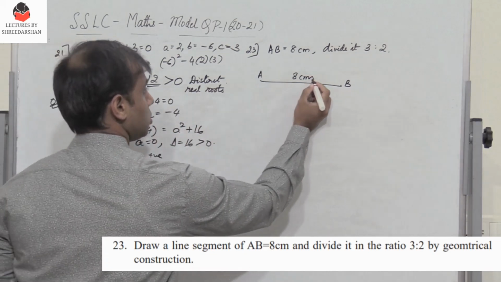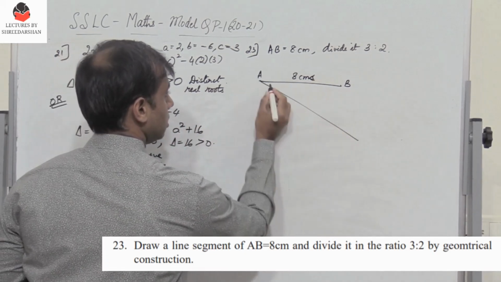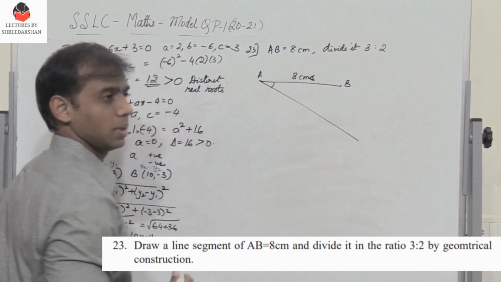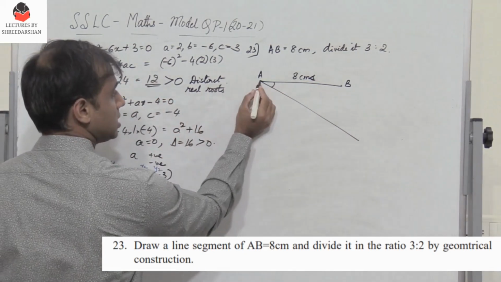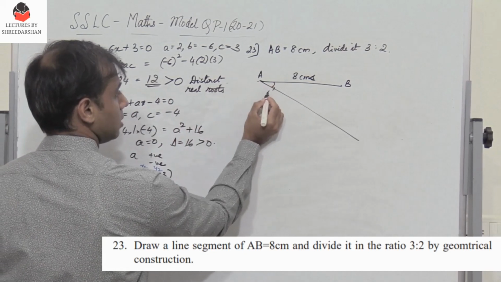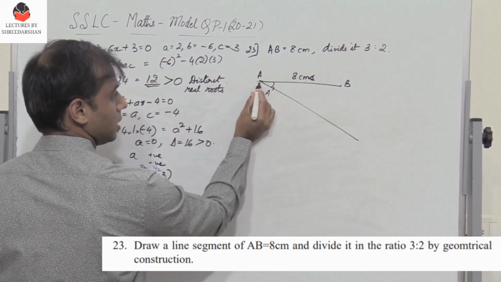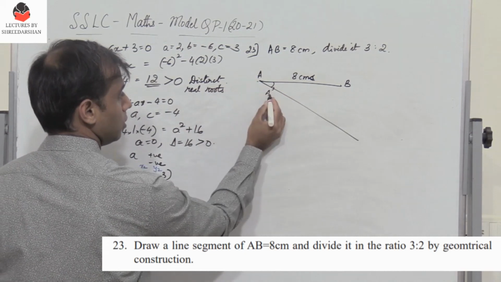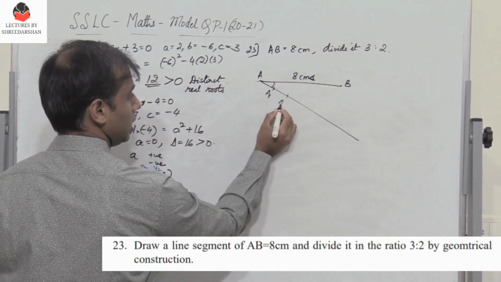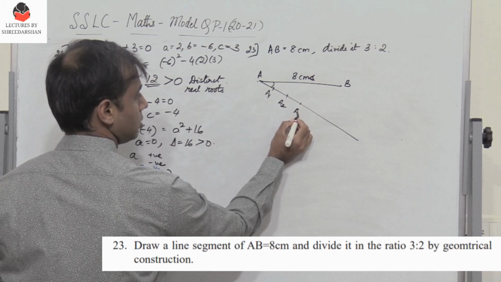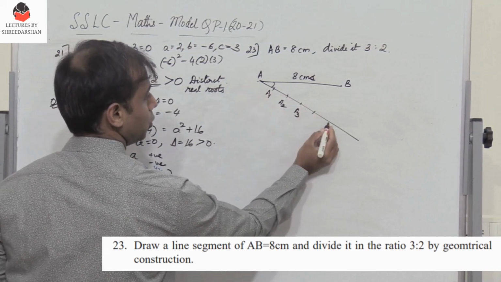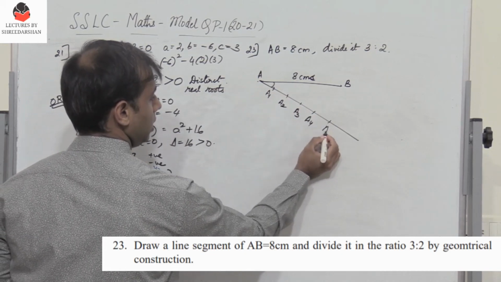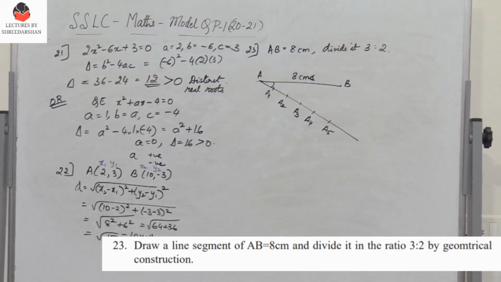After you draw AB, draw another line with an acute angle here. And then using your compass, take a fixed length and mark 5 arcs. So such that AA1 equals A1A2 equals A2A3. That means these distances are all equal. 4 and 5. Alright. So now what do you do?